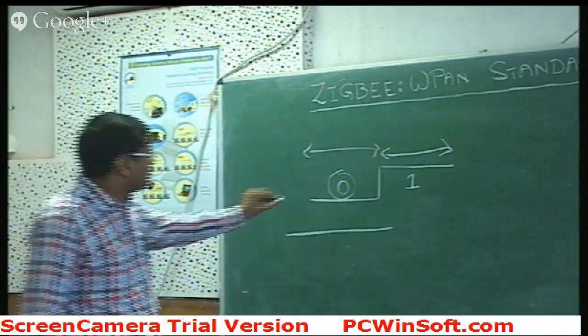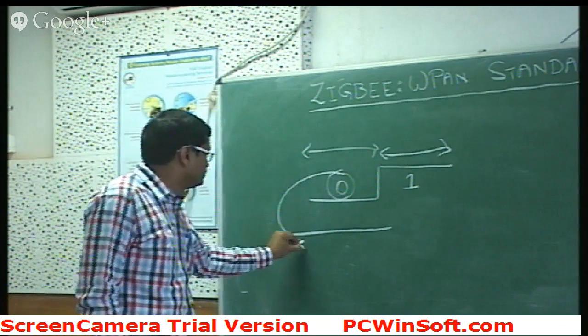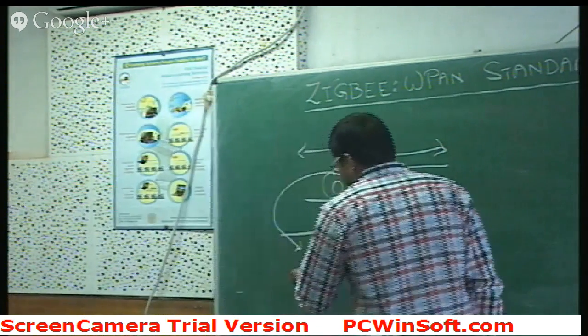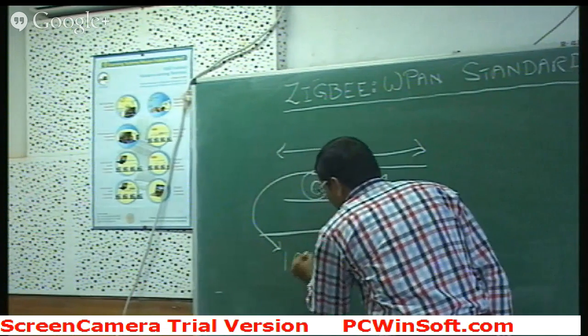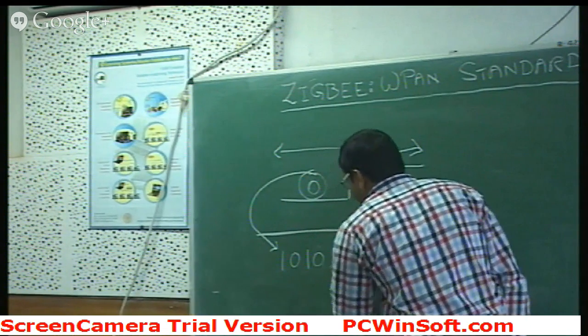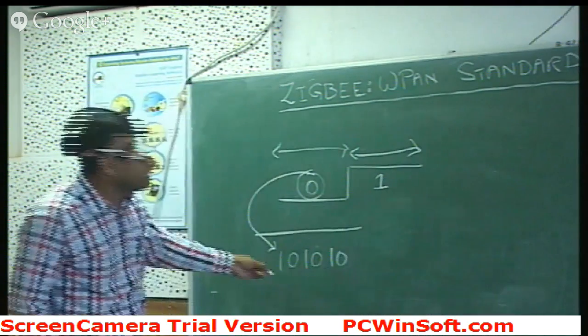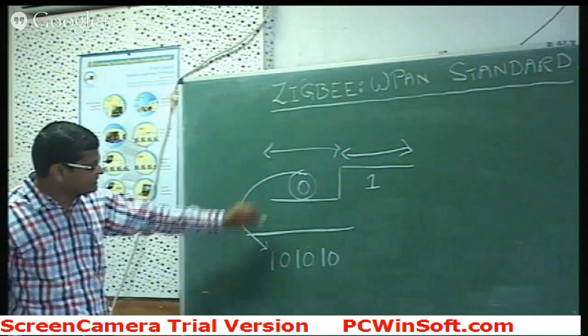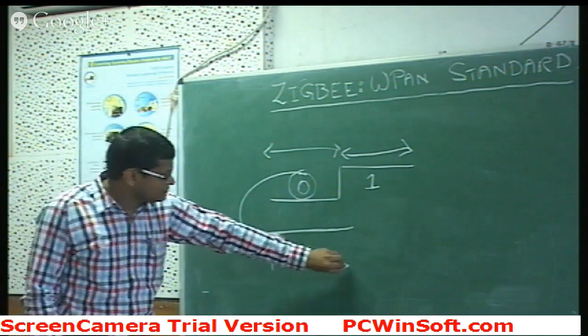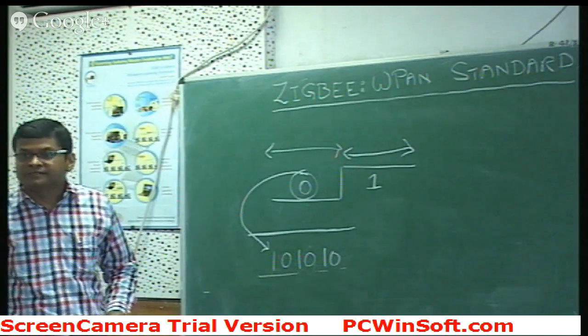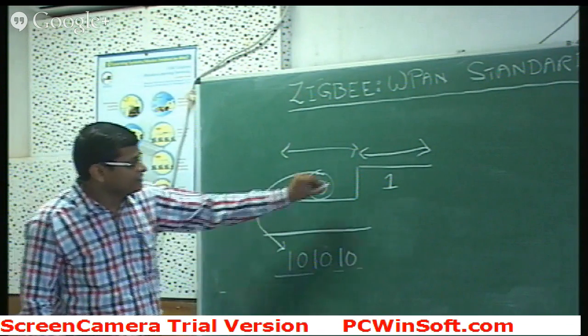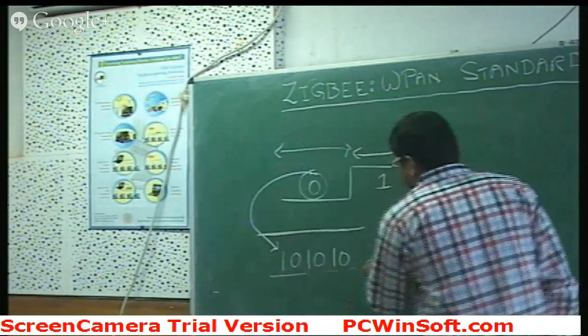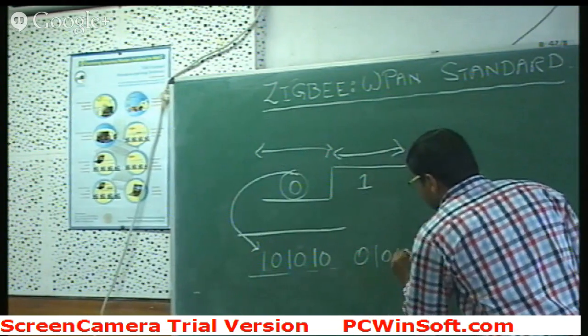Means I represent the 0 with, for instance, if I am using a 6-bit chip, I represent the 0 with 6 symbols. And similarly, this one with another code, for instance, 0101.